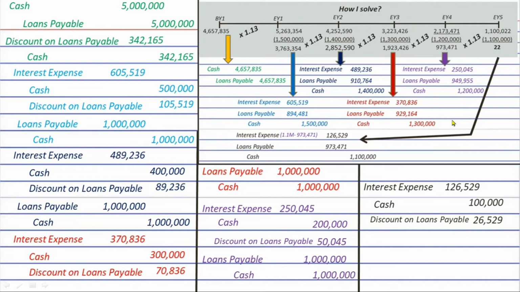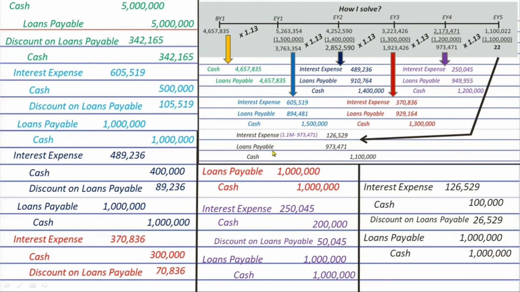So, the interest expense debit is 126,529, and then credit 100,000 interest payment, and the balancing figure will still be credited again to discount on loans payable, which is 26,529. And then for the principal, debit loans payable, and then credit cash for 1 million. So those are the alternative entries aside from this set.